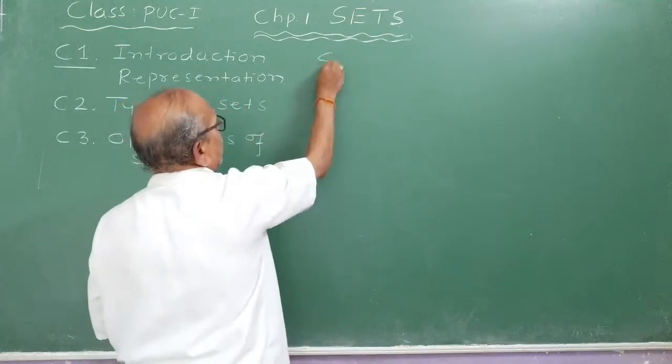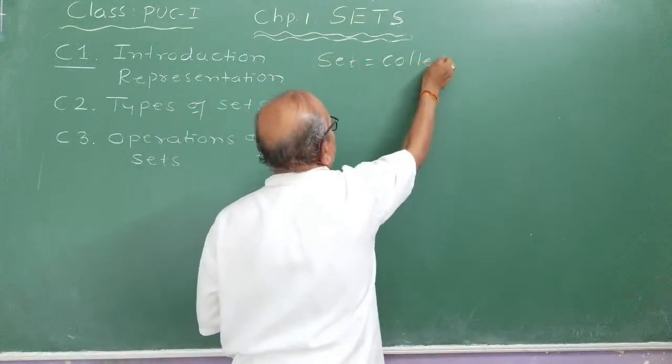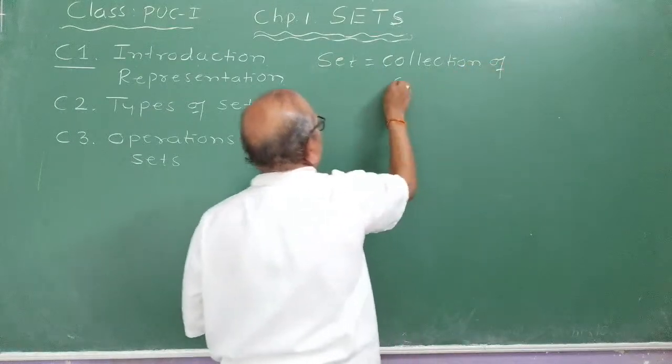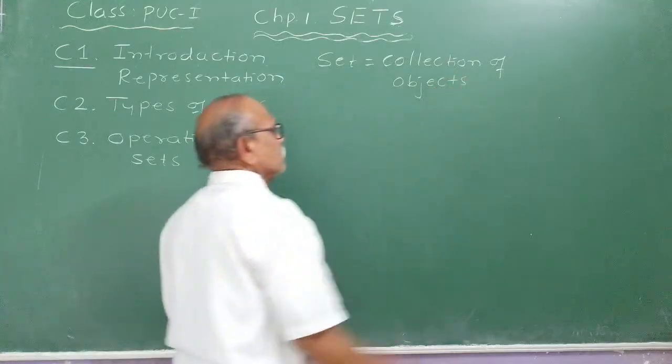Set means set. The dictionary meaning of set is collection of objects.